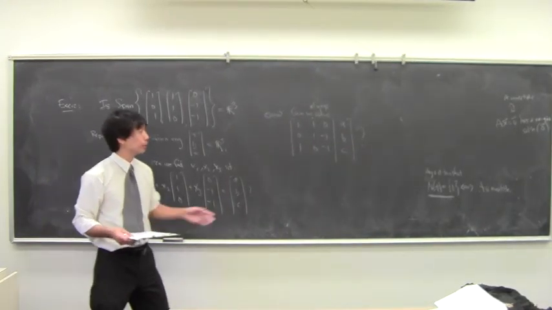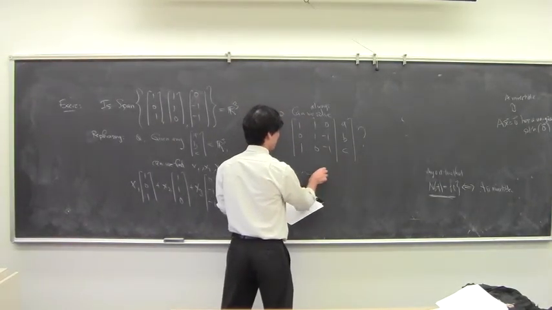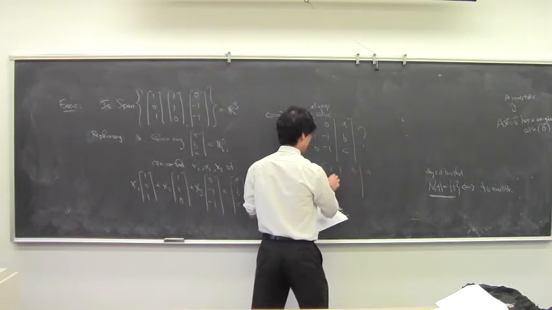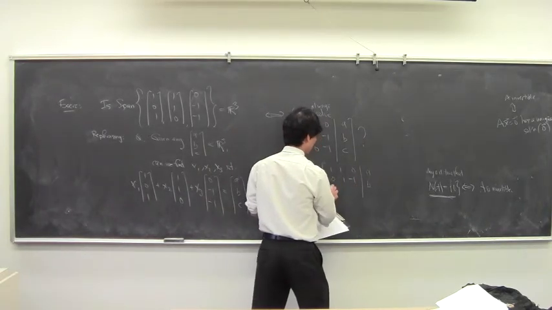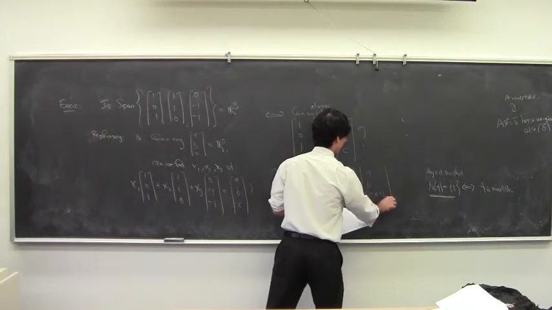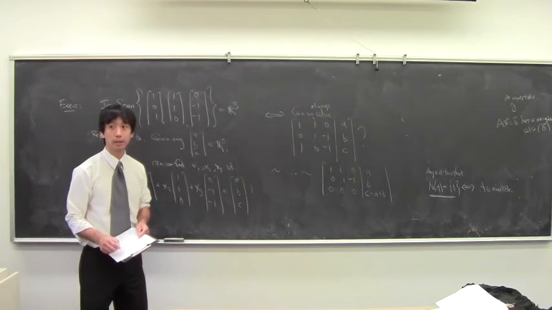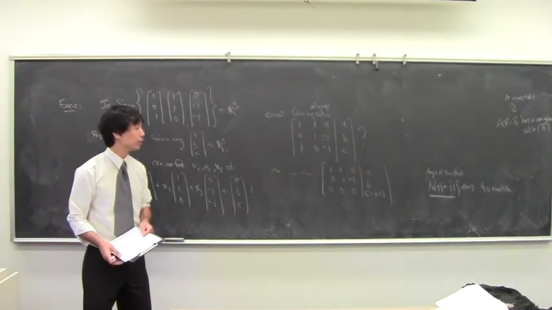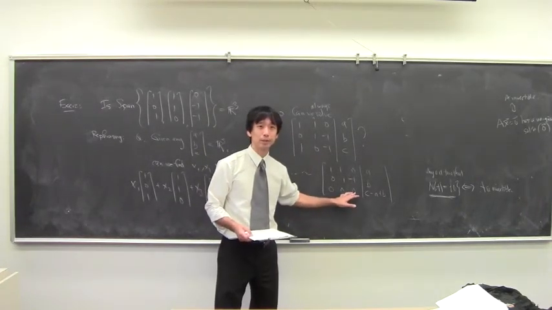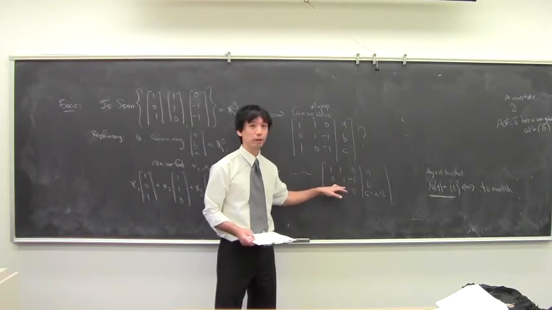And so you do your Gaussian reduction on this thing, and you end up with something like this: 1, 1, 0, A; 0, 1, -1, B; 0, 0, 0, C minus A plus B. And so what's the answer? The answer is no, you can't always solve this.